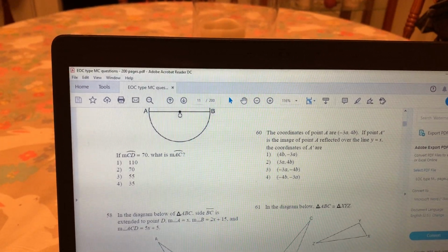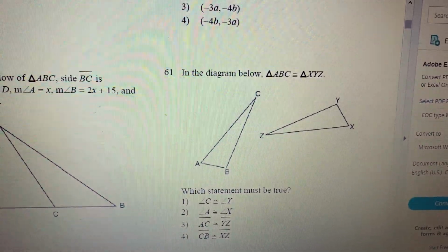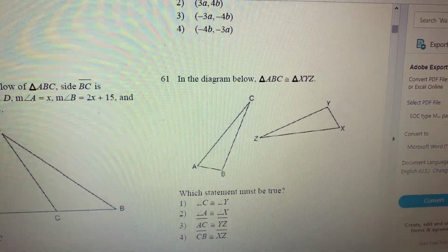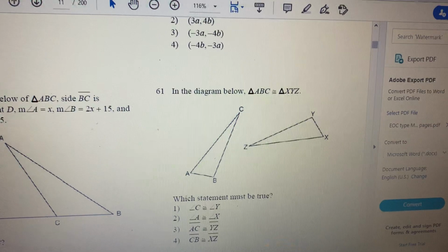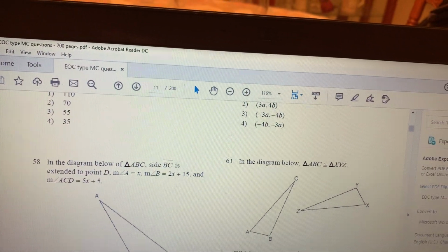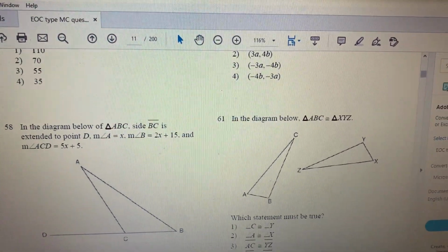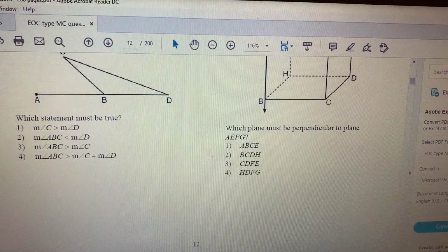All right, these two triangles. Okay, here we go. It says those two triangles are congruent, but they're not orientated the same way. This one's pointing up that way, that one's pointing over like that. So orientation means that not only are they congruent, the shape stayed the same, but they're still facing the same direction. Okay.